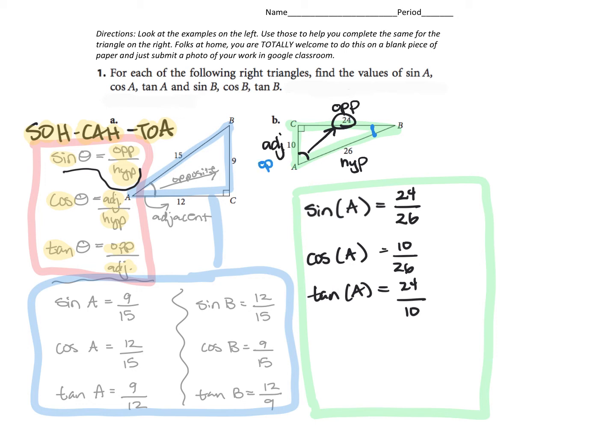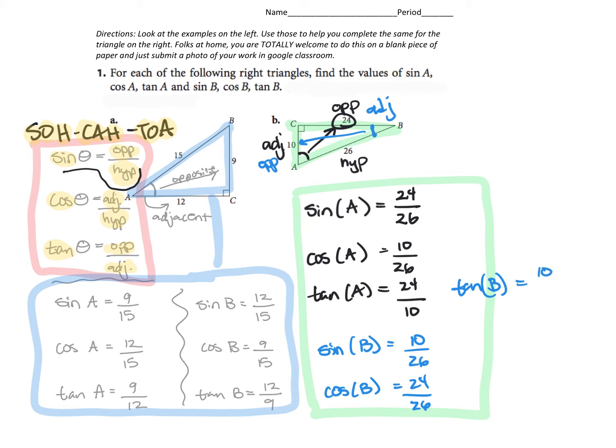The opposite of angle B is the side that is 10, and the adjacent for angle B is over here. So for the sine of B, we're going to get 10/26. The cosine of B is going to be 24/26. And then notice the tangent of B is going to be the opposite, which is 10, over the adjacent, which is 24.